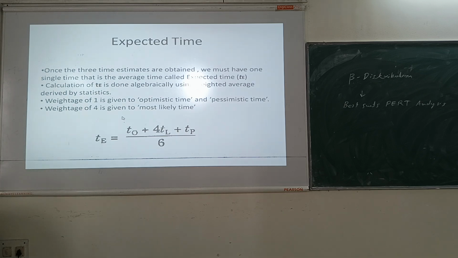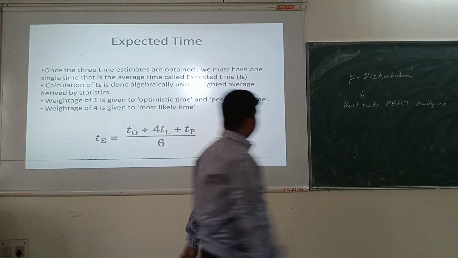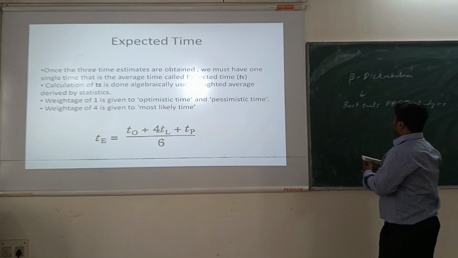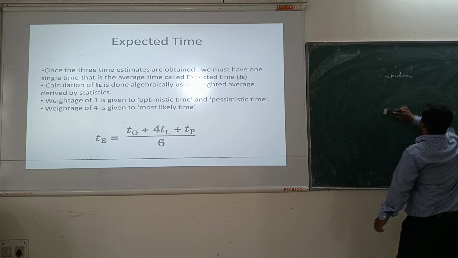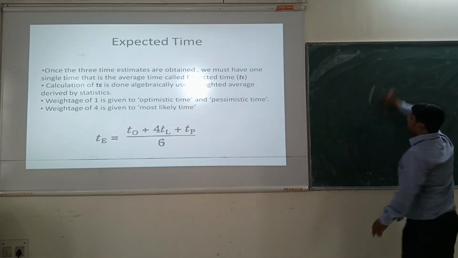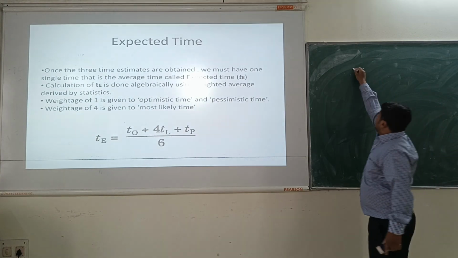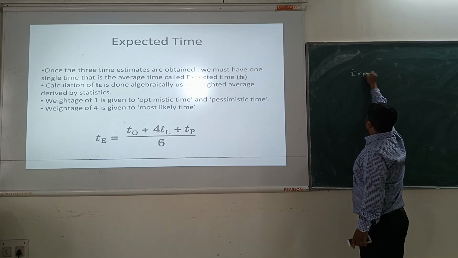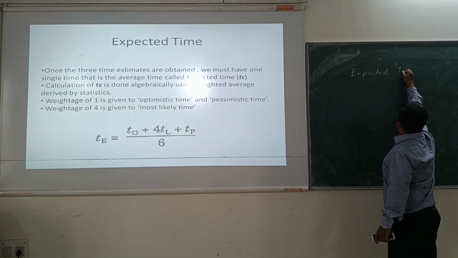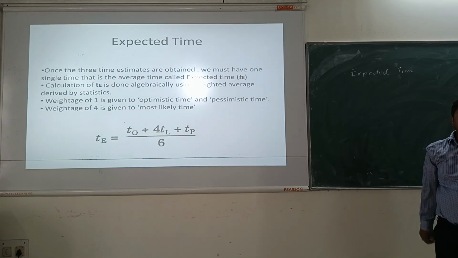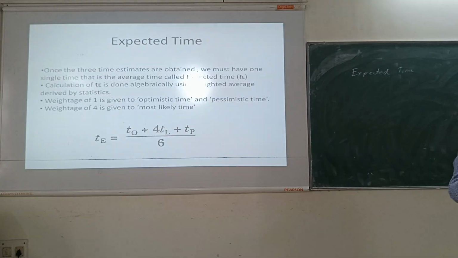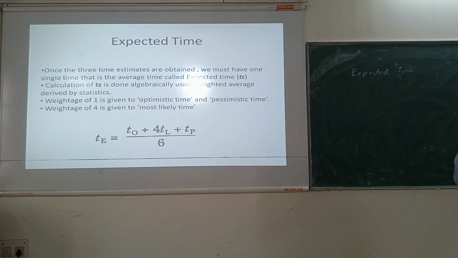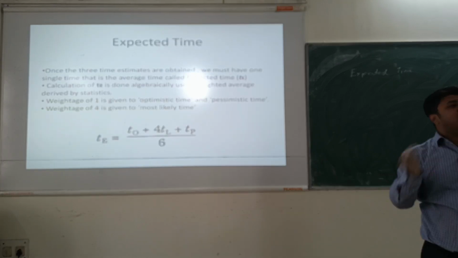Now the very important point: the most expected time that we use. So what happens? We have come to PERT using probability distribution functions, normal distribution and beta distribution.